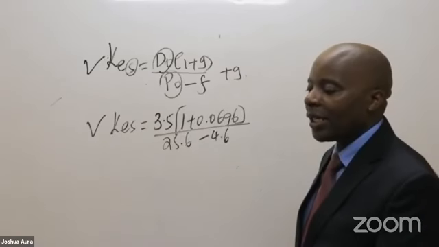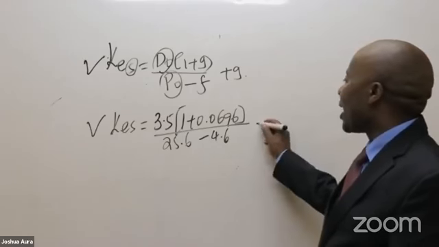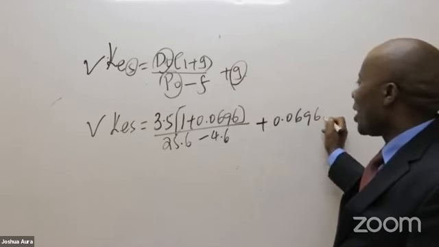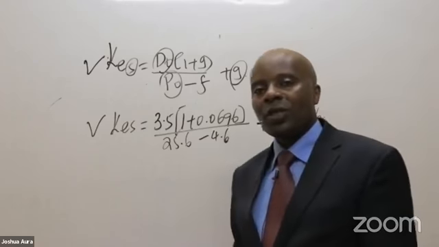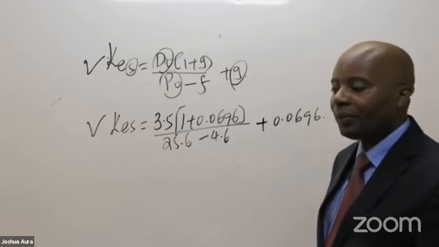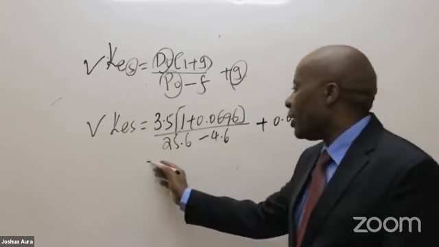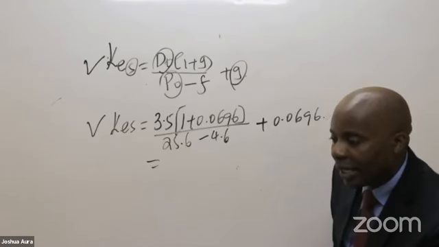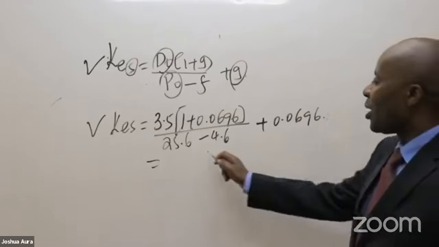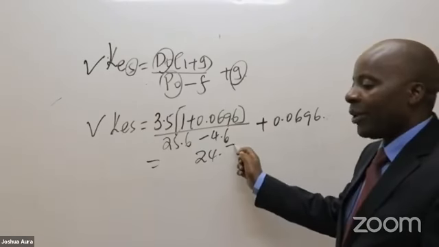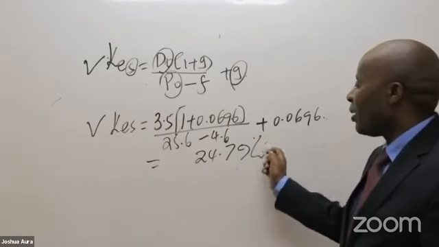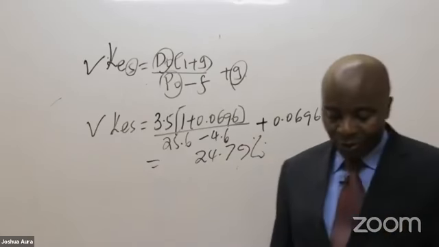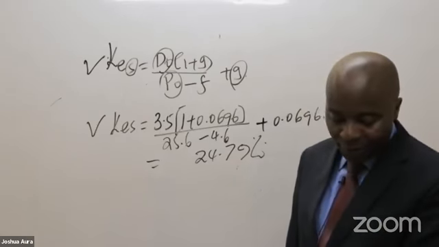And lastly, we need to add the growth rate, which is 0.0696. Can you kindly give us this parameter? I can see from Phoebe and Catherine that the correct answer is supposed to be 24.79 percent. Is there somebody who is able to get that 24.79%?